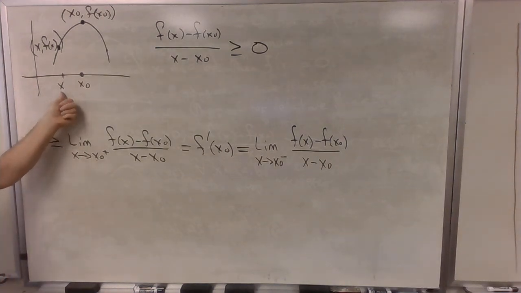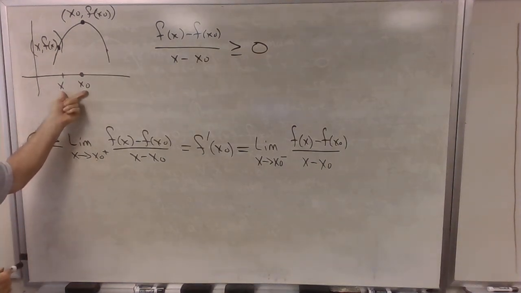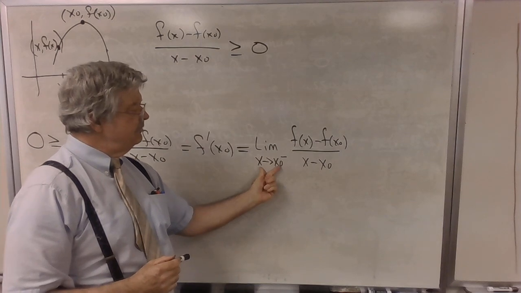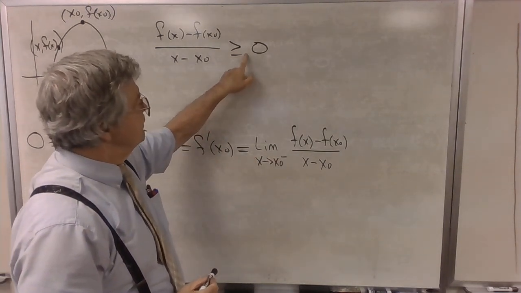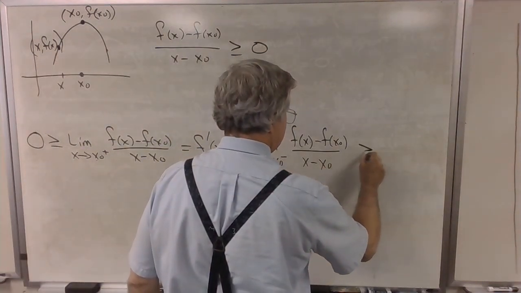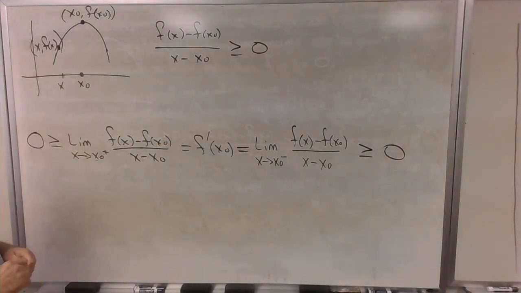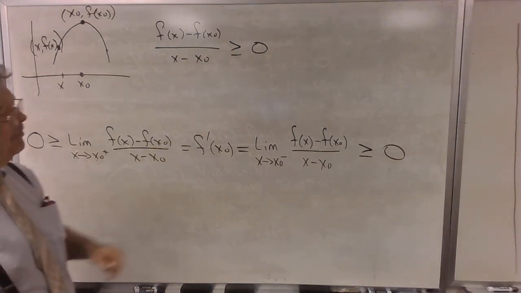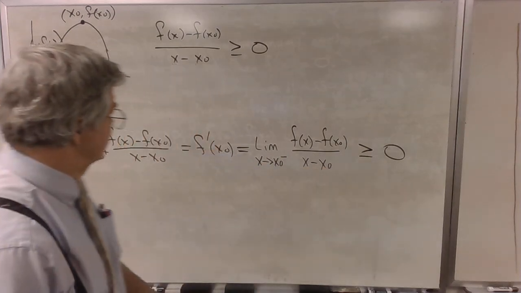And notice here, x is to the left of x naught. So when x is to the left of x naught, or when x approaches x naught from the left, this thing is greater than 0. So the limit of this thing will be greater than or equal to 0.